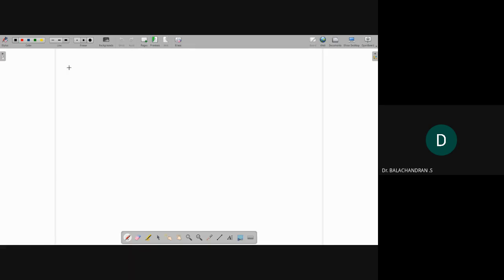So here note 1: the convergence of the sequence is not guaranteed always unless the choice of x naught is properly chosen. That is, x naught is the approximate value.